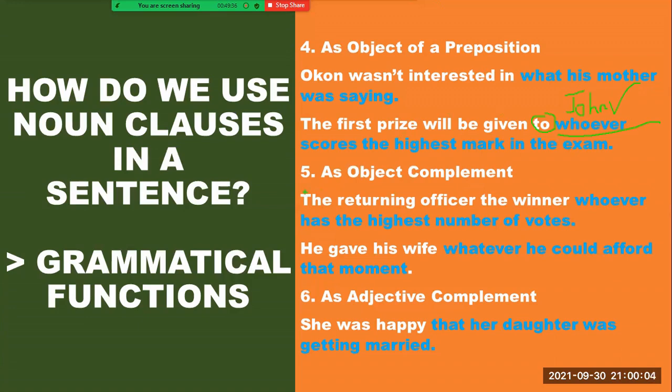Now, let's look at function number 5. A noun clause can be used as the object complement. And what this means is that the noun clause will be completing the meaning of the object we have in a sentence. For example, the returning officer, well, something is omitted here.